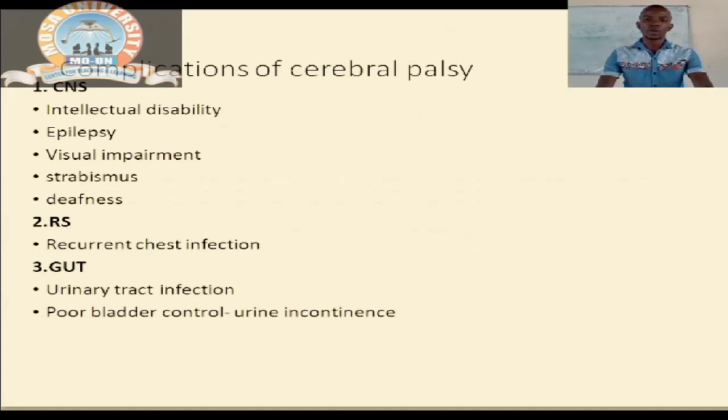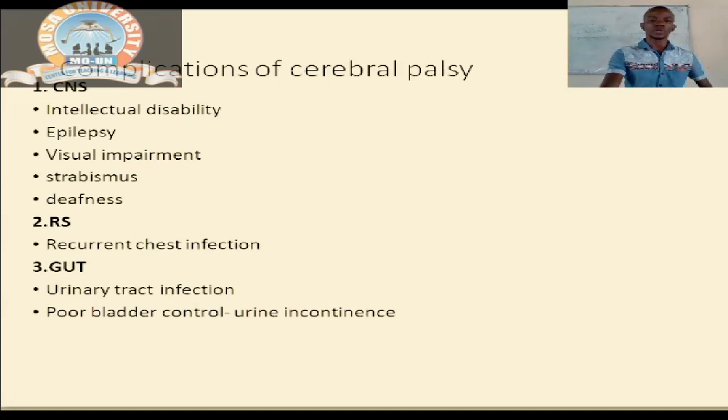Now, what are the various complications? We'll be looking at the complications according to their systems. Complications that may affect the central nervous system: here we may have intellectual disability, epilepsy, visual impairment, strabismus, or deafness. Respiratory system: here we might have recurrent chest infections.